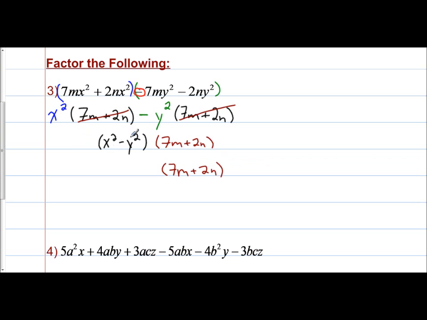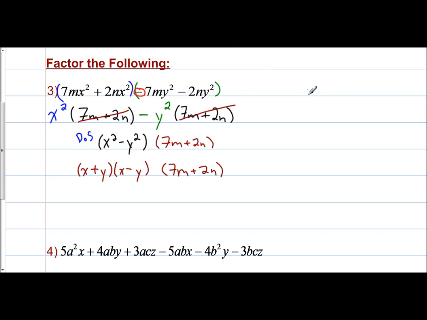But if I look at x squared minus y squared, there's no GCF. However, I do have perfect squares. This is a difference of squares. We can apply that technique where you break it down into the square roots. So x and y, and one's positive and one's negative.